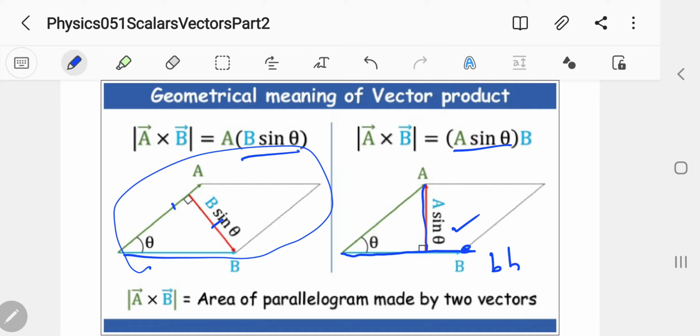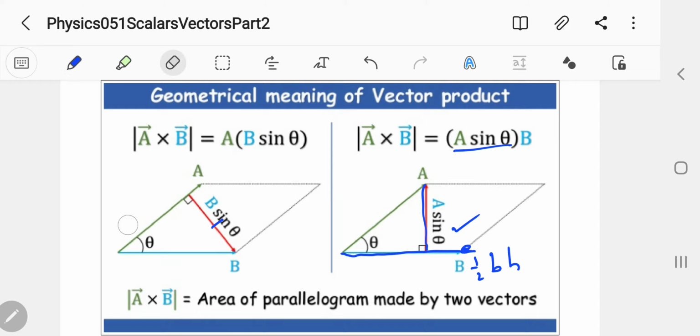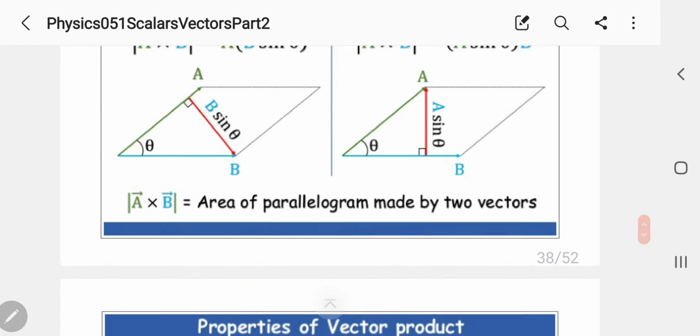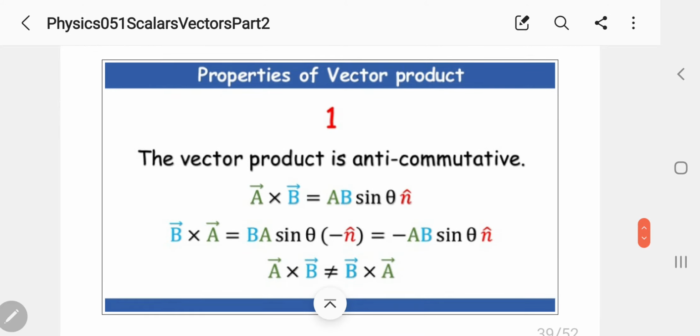And of course this is not a triangle. A triangle has 1/2, so that's the area of a parallelogram. So the cross product has a magnitude equal to the area of the parallelogram made from the two vectors A and B, for example. So A cross B.